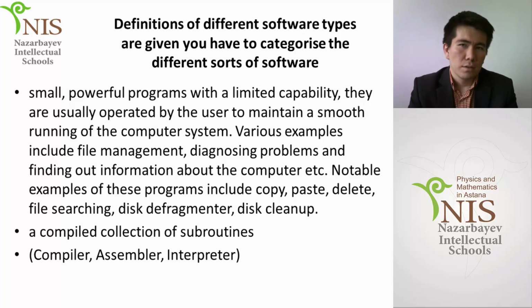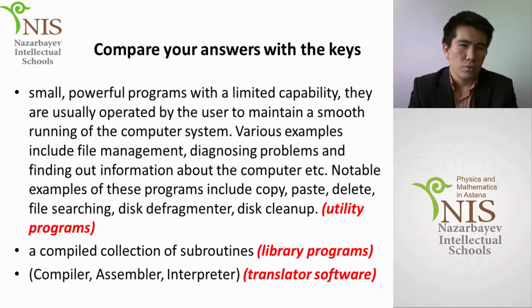Okay. So what were the answers actually? So the first one, small powerful programs with a limited capability, they are obviously utility programs. Of course, this could be antivirus programs, disk defragmenters, disk cleanup. All these things are utility programs.